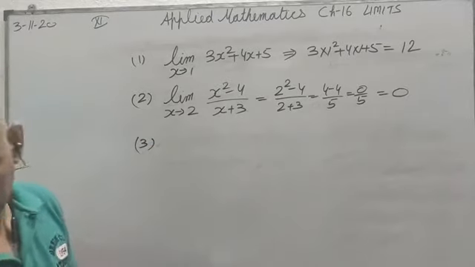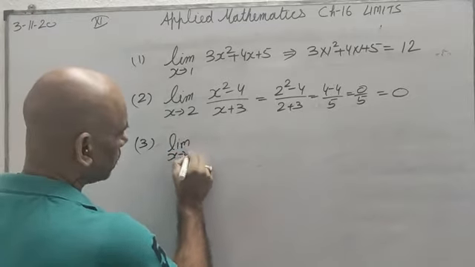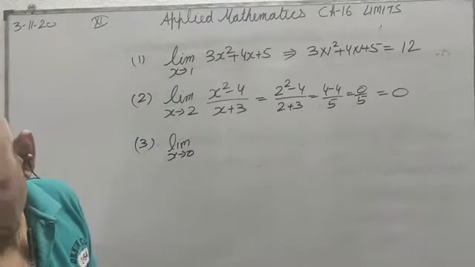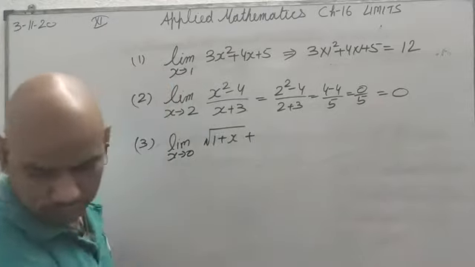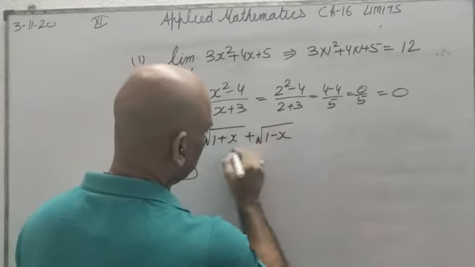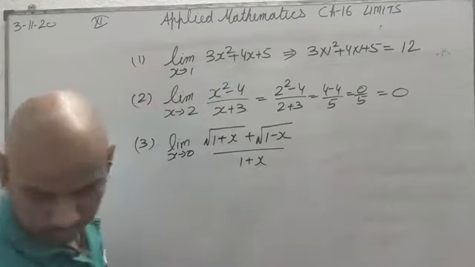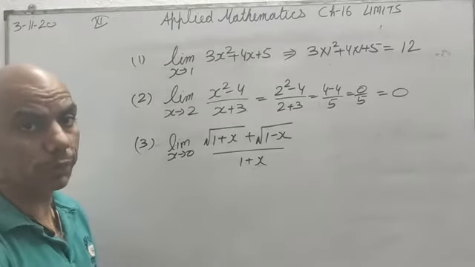The third example given in this book is limit x tends to 0 of under the root 1 plus x plus under the root 1 minus x upon 1 plus x. Now let us first check whether it is 0 upon 0 or not.